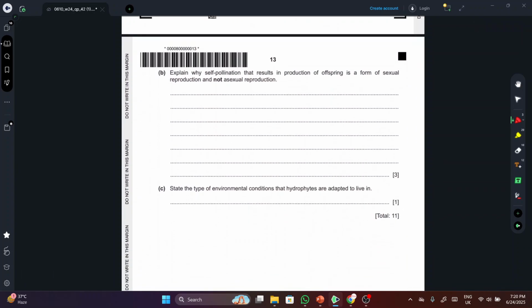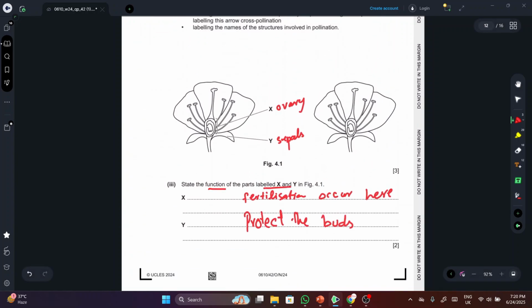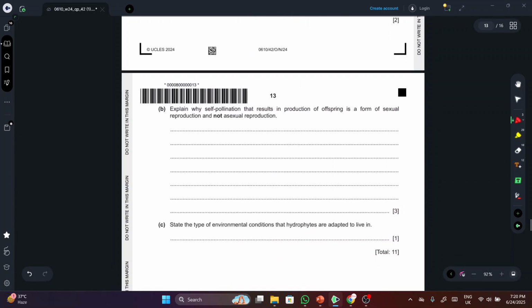Explain why self-pollination resulting in the production of offspring is a form of sexual reproduction and not asexual. You can see this. If self-pollination occurs, suppose the pollen from here falls on the stigma of the same flower, why do we say that it is sexual and can't say that it is asexual? Basically the question is about sexual reproduction.